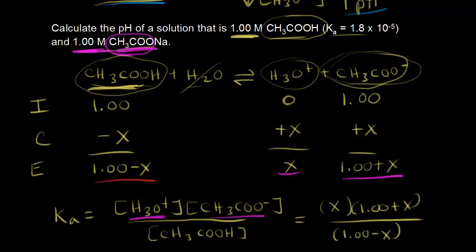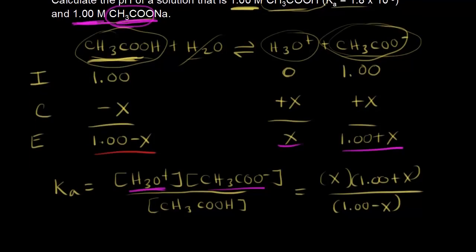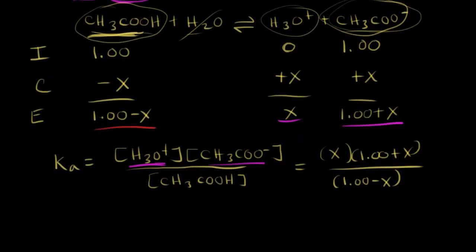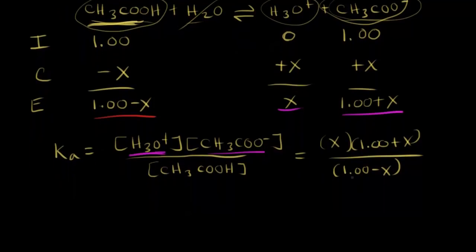All right, let's get some more room down here so we can talk about this. We're going to make that same assumption that we've done before, that this concentration X is much, much smaller than 1. And if that's a really small number, 1 plus X is pretty much the same as 1, and 1 minus X is also pretty much the same as 1.